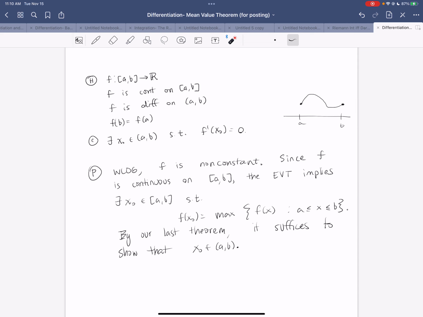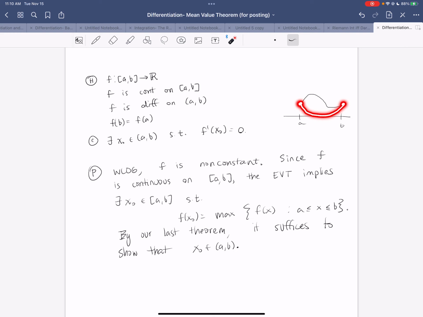Okay, so what would happen if x0 is equal to a? Well, now, could it be the case that our max occurs here? Well, now that I'm thinking about it, yeah, sure. What if your function looks like that? Then your max actually is at a and it's at b, right?